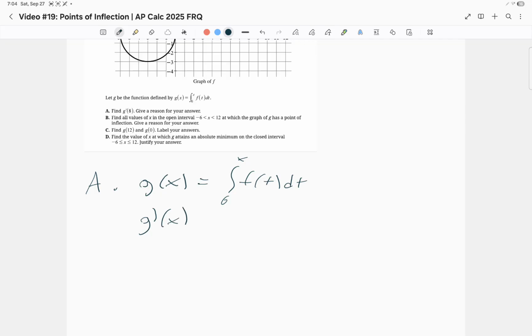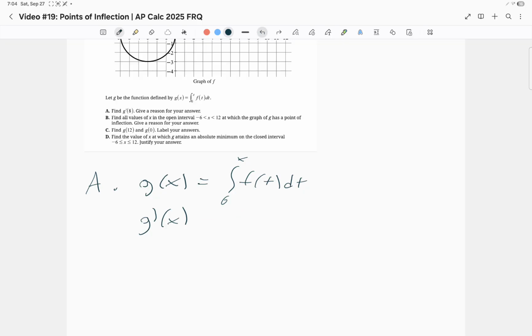By the fundamental theorem of calculus, which I assume is the reason they want here, g prime of x is going to be equal to f of x. I'm not going to prove the fundamental theorem of calculus, but I'll give a reason.